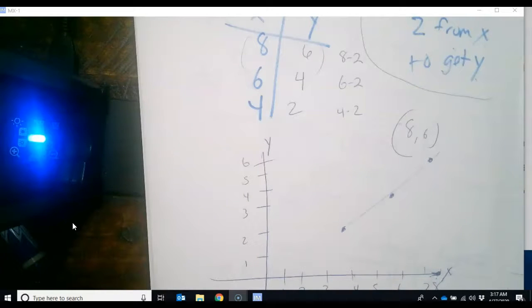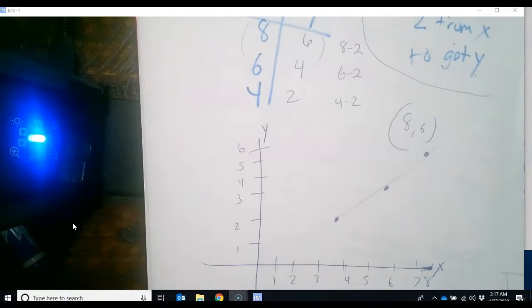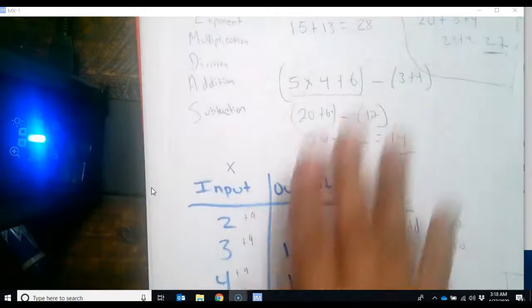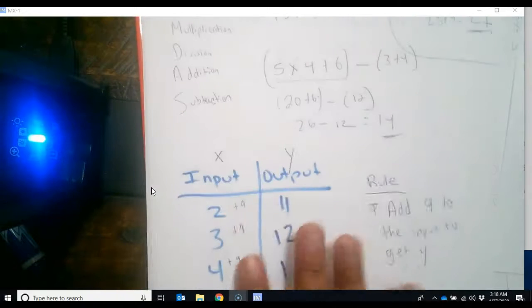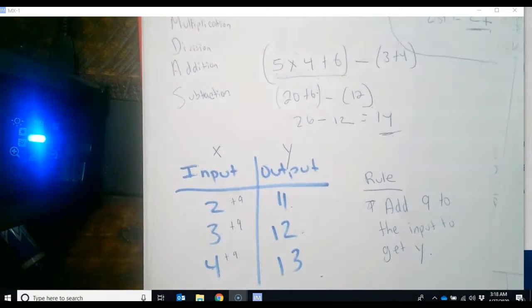Remember, these lessons are meant to just refresh your mind, but if there is something that you're still really stuck on, and after watching videos on Khan you still don't get it, let me know. I will try to break it down a little bit more. Okay, so that's the practice for algebraic thinking, which covers order of operations, input and outputs, and graphing those inputs and outputs, finding the rule. Okay, thank you.